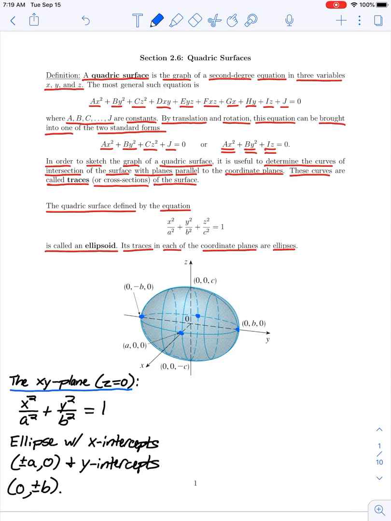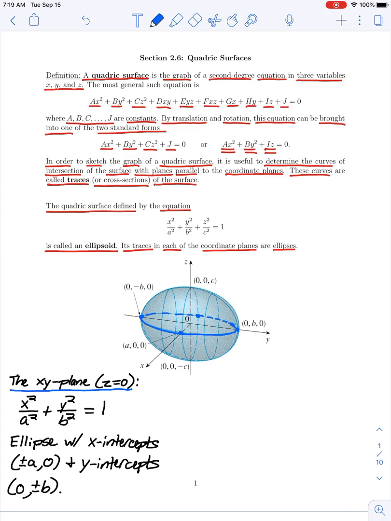So we see here that we have this ellipse traced out in the xy plane. This ellipse in the xy plane is called the trace of our surface with the plane z equals 0.